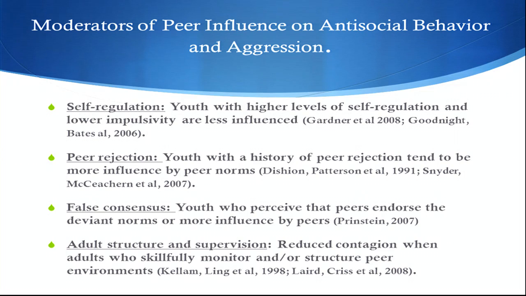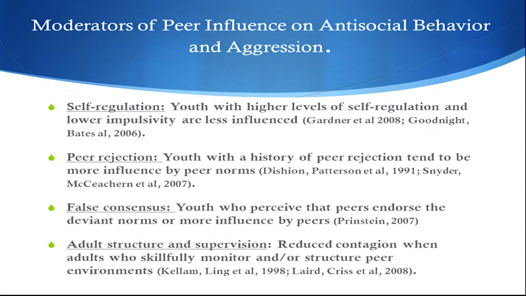So kids who are not treated well or feel like they're disliked or don't connect are more likely to be vulnerable to peer influence. Interesting work by Mitch Prinstein on false consensus, the concept that other kids share those norms, that the violent norms are what everyone holds and believes, can make you more vulnerable to peer influence.